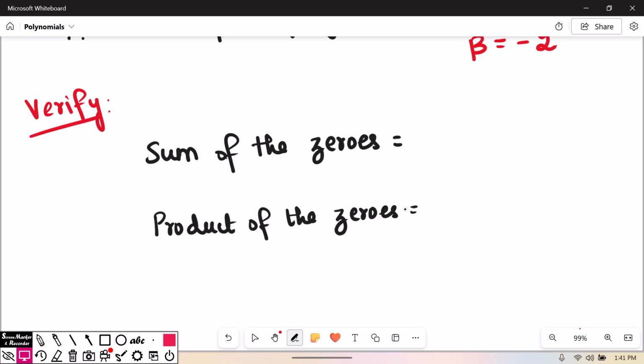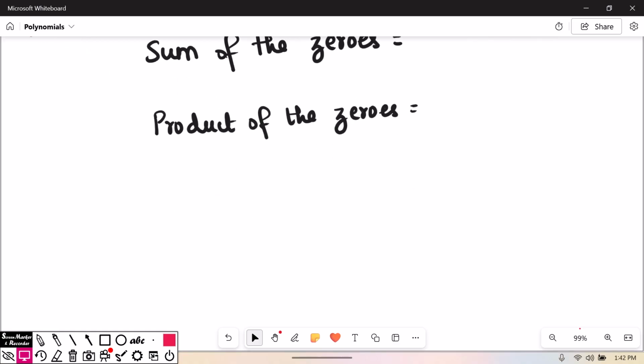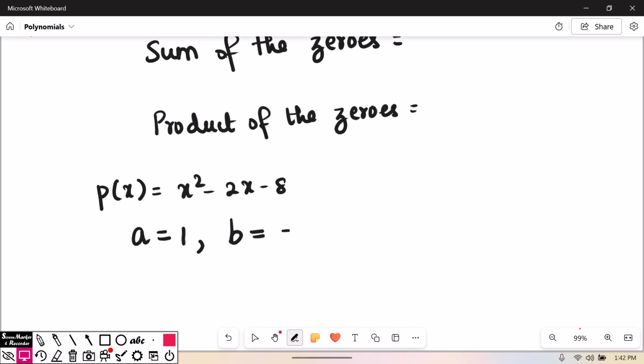We will consider our given quadratic polynomial, p of x equals x square minus 2x minus 8, and consider the coefficients of each term. My coefficient of x square is 1, which I'll consider as a equals 1. My coefficient of x is minus 2, which I'll consider as b equals minus 2. And finally, the constant term I'll consider as c.